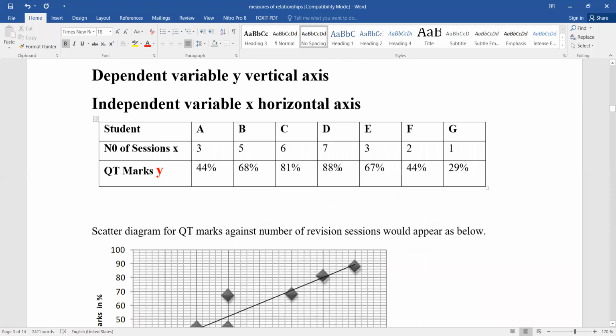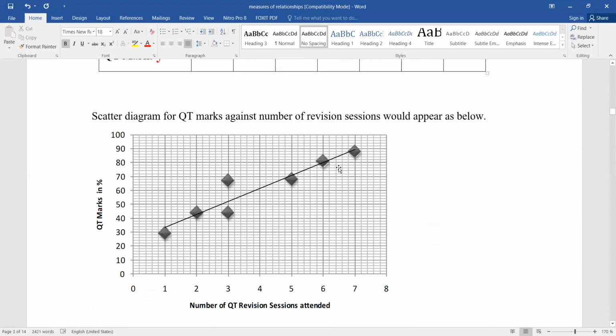So that is why, if you see that diagram, we have the marks on the vertical axis, then we have the number of sessions on the horizontal axis, and then we have it all plotted.